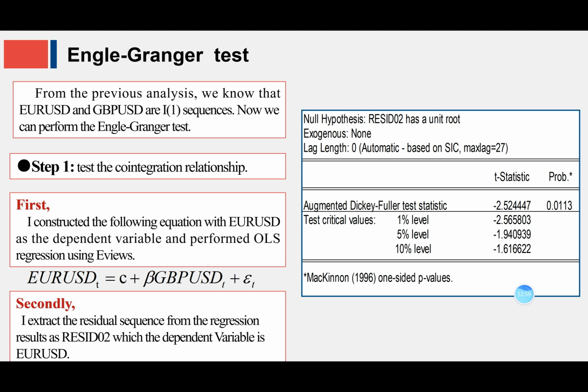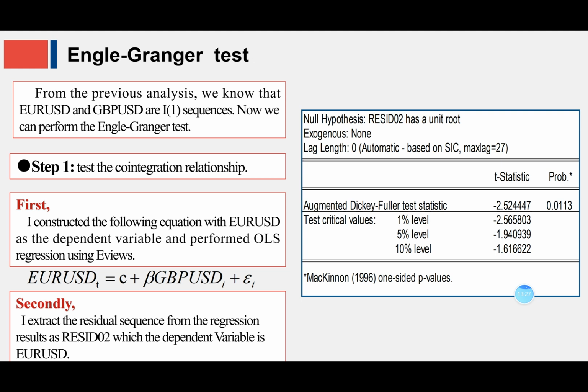First, I constructed the following equation with EUR/USD as the dependent variable and performed the OLS regression using EViews. Secondly, I extracted the residual sequence from the regression results as resid02, where the dependent variable is EUR/USD.